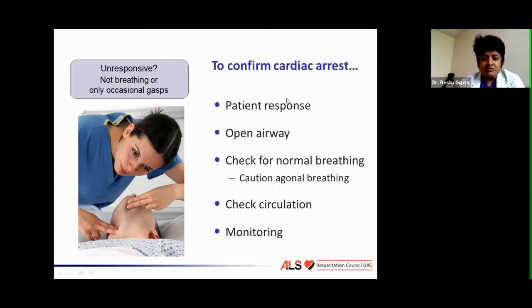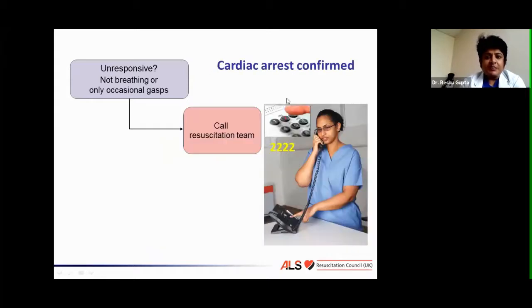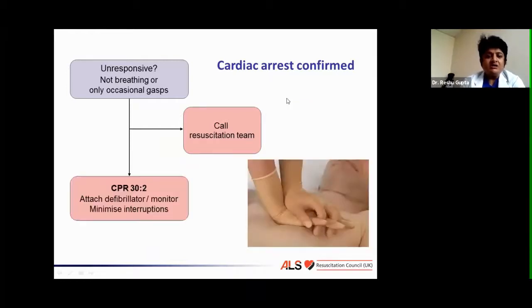Please note that there might be some agonal breathing also, which is not normal breathing. As soon as cardiac arrest is confirmed, you call the resuscitation team, activate the code blue, and immediately start CPR. If you have a defibrillator at the site, immediately attach the defibrillator electrodes and monitor the patient.